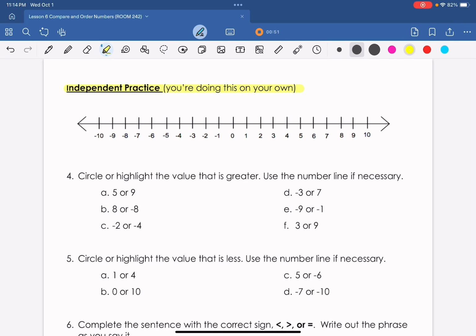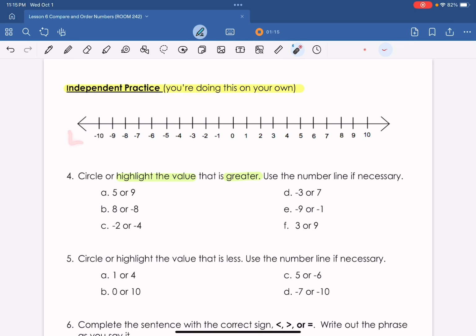Okay, so first one, it wants us to circle or highlight the value that is greater. So we can use this number line up here, right? So we have a number line right here. And if you want to practice, this is a horizontal line because it goes from left to right.